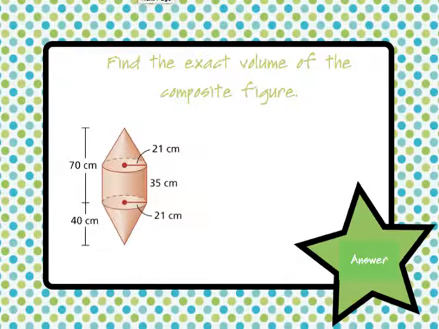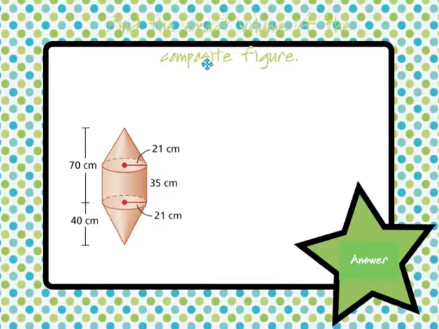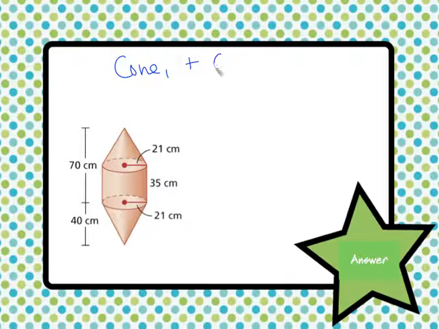Okay, so find the exact volume of the composite figure. So this would be a cone plus a cylinder plus a cone. So this is exact, which means we leave the pi in the answer. I'm just going to get rid of that so we have more room to work. So we do cone 1 plus cylinder plus cone 2.